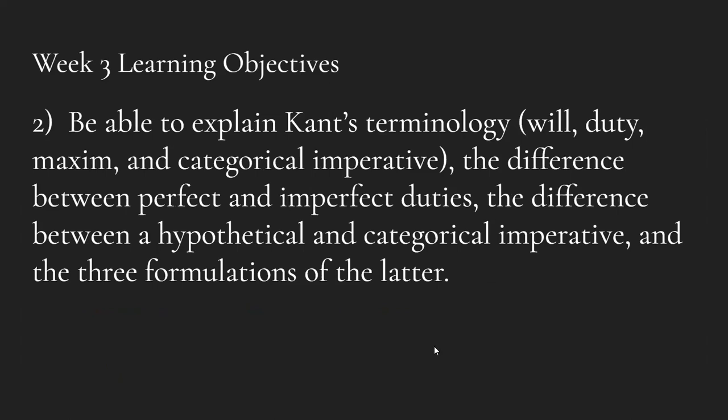Kant's terminology, right? So remember, the will is a faculty of the human mind that animates our action, since we are animate beings that are able to make free choices. And from Kant's perspective, that comes about from having this faculty of desire, or the ability to make choices and to act.